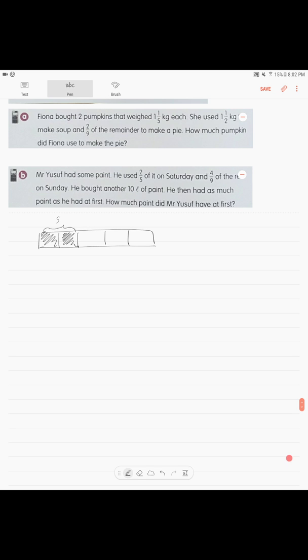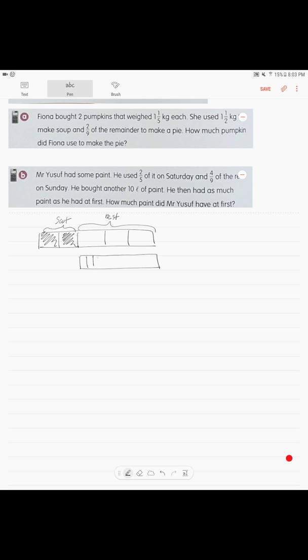This is Saturday, right? He used it. Now 4/9 of the rest, so our rest is the remainder, right? So we can say that this is the rest, right? So let's think about this unit here, right? 4/9 of the rest he used on Sunday, okay, right?